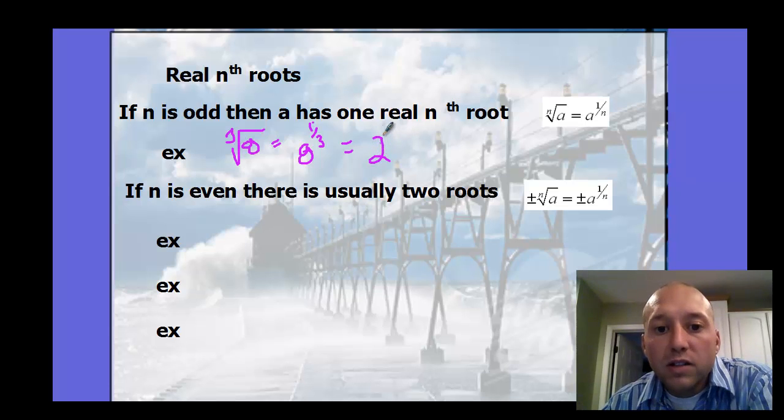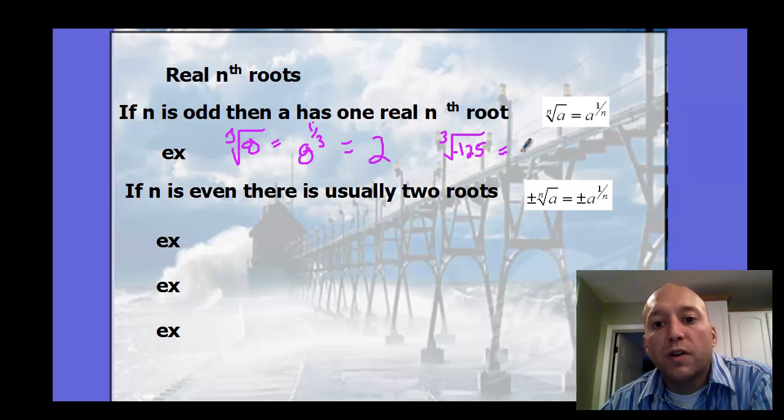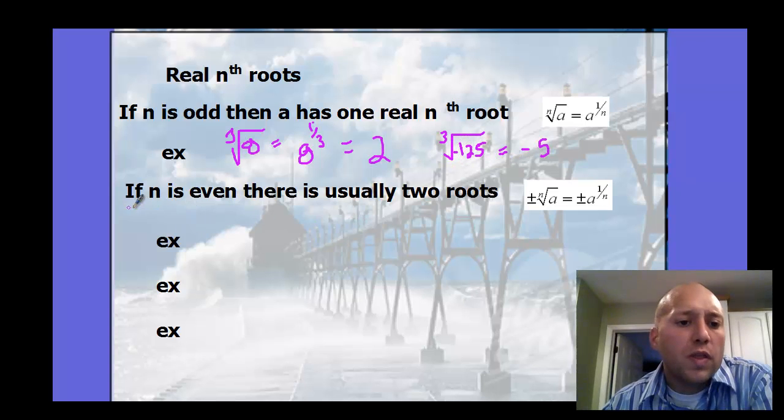We get one solution from there. We do the same thing with the cube root of negative 125. Now this one's a little more interesting. It's going to be negative 5, because negative 5 times negative 5 times negative 5 is negative 125. And if n is even, there are usually 2 roots.